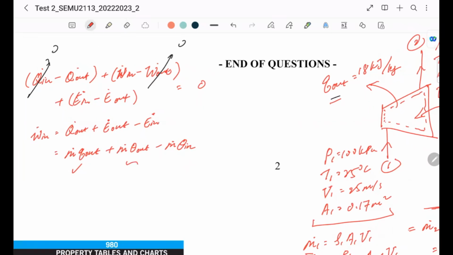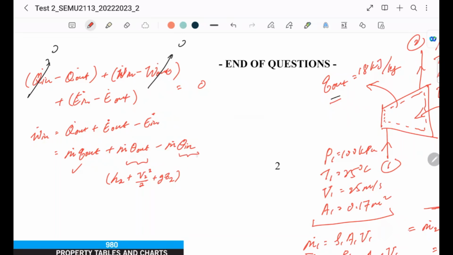And this here is really, this is out, so 2: h2 plus V2 squared over 2 plus g z2.